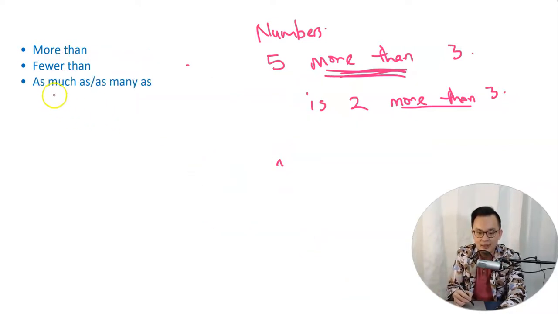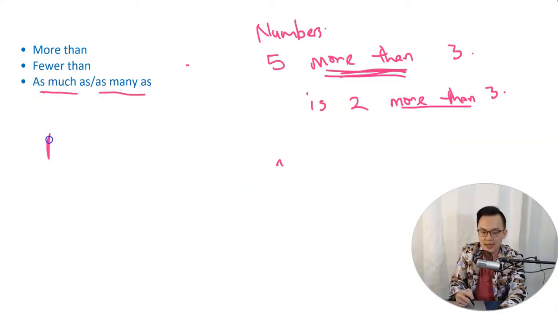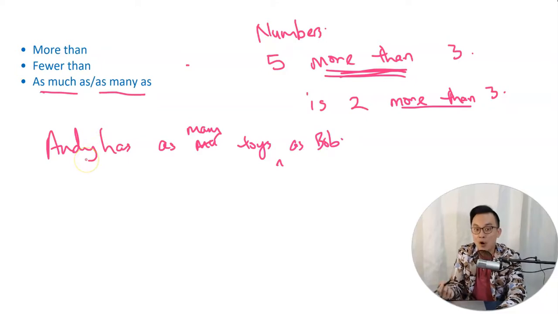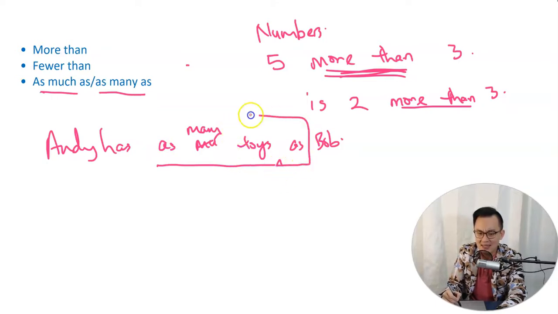And the third one is "as much as" or "as many as." They will say that Andy has as many toys as Bob. Then they need to know that Andy and Bob have the same amount of toys. "As many as" means the same.